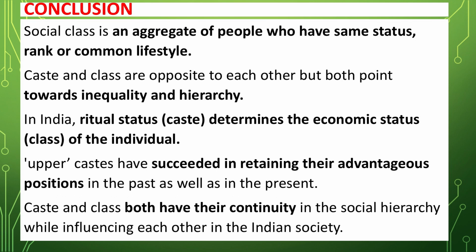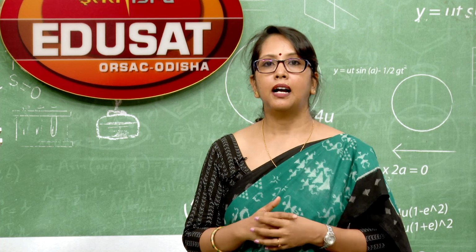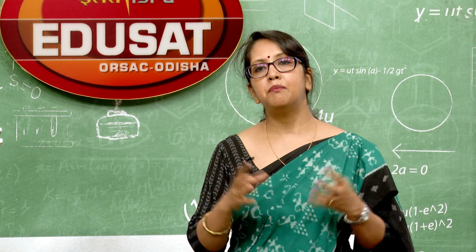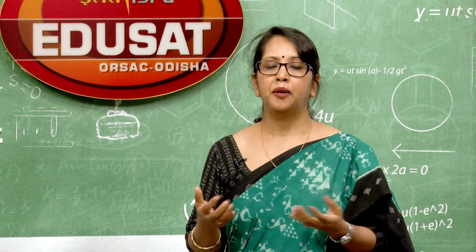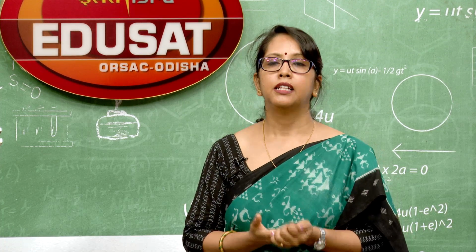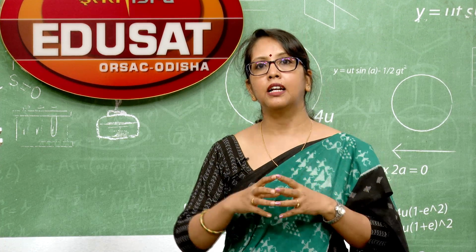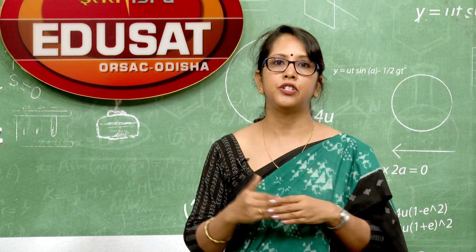So, what we came to know about a social class is that it is an aggregate of people who have the same status, who belong to a similar position accorded by society or hold the same rank and enjoy a common lifestyle. And caste and class, though they seem opposite to each other, in the Indian context both jointly contribute to understanding social hierarchy.